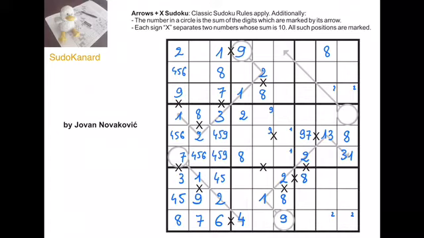This digit won't be 4 or 6. Because if it were 4 or 6, then it would touch the other digit, and there would have an X missing. So this one won't be 4 or 6, it has to be 3 or 5.